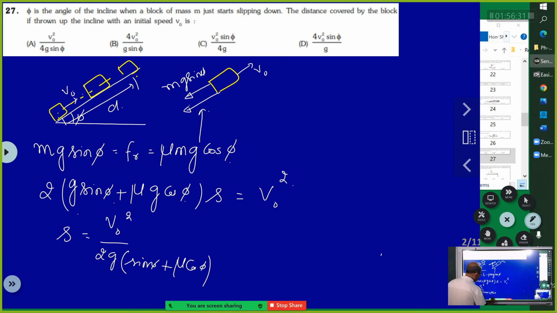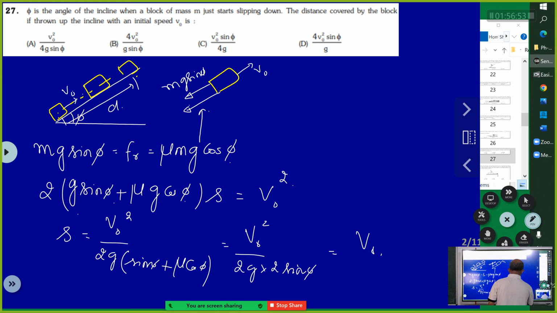We know mu is tan phi, so mu cos phi is sin phi. So I get 2 sin phi, and V0 square by 2g into 2 sin phi gives V0 square by 4g sin phi.